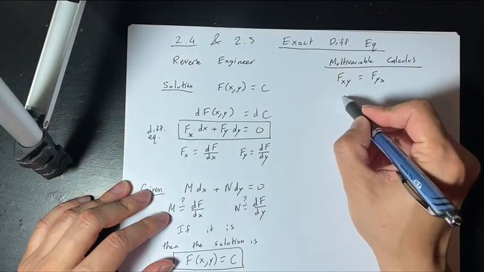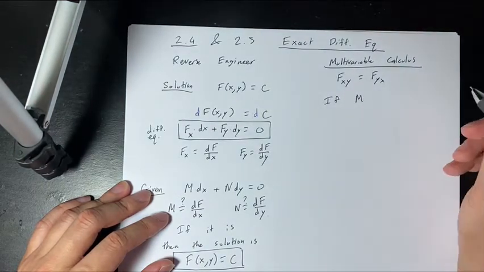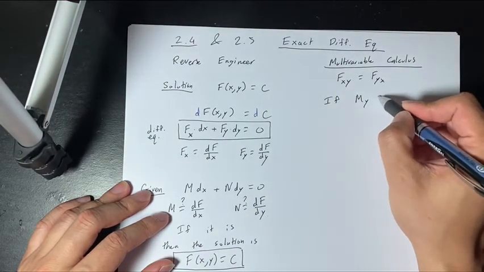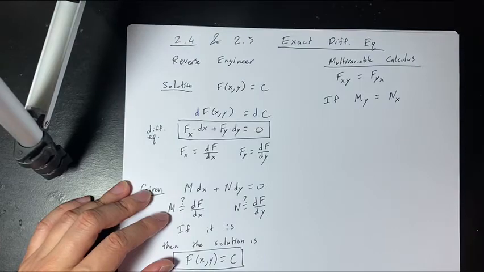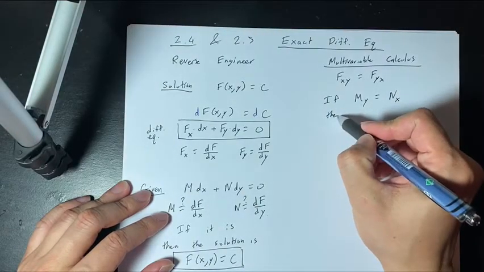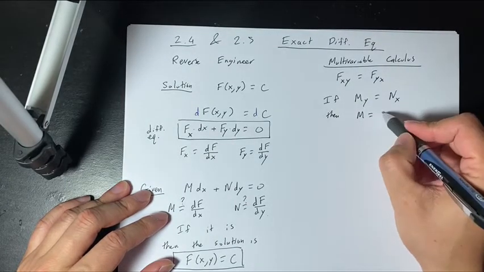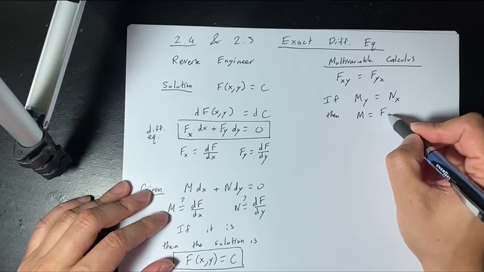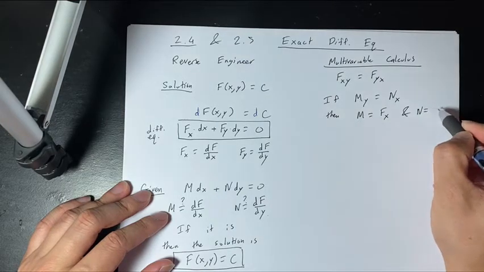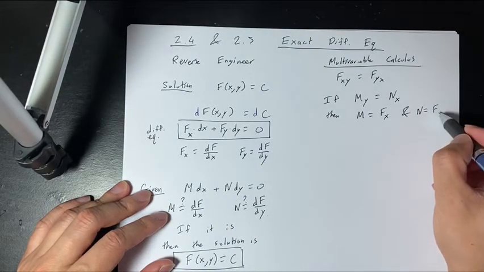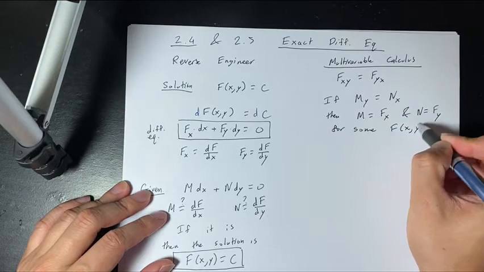So if I can check that M, differentiated with respect to y, and N, differentiated with respect to x, are equal, then what we've shown is that indeed M is the derivative of f with respect to x, and N is the derivative of f with respect to y for some f of x, y.